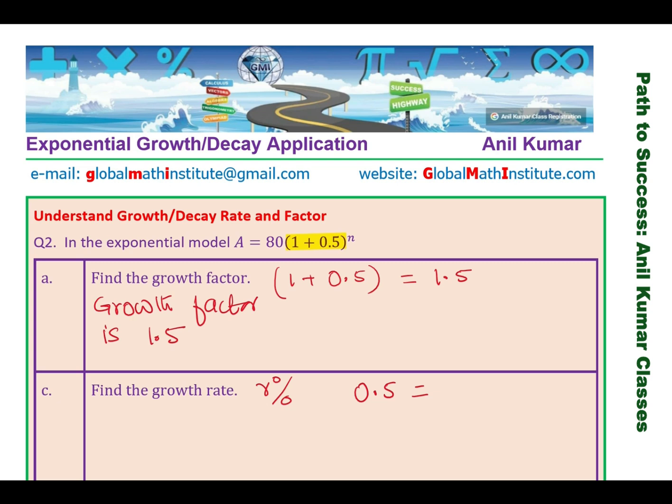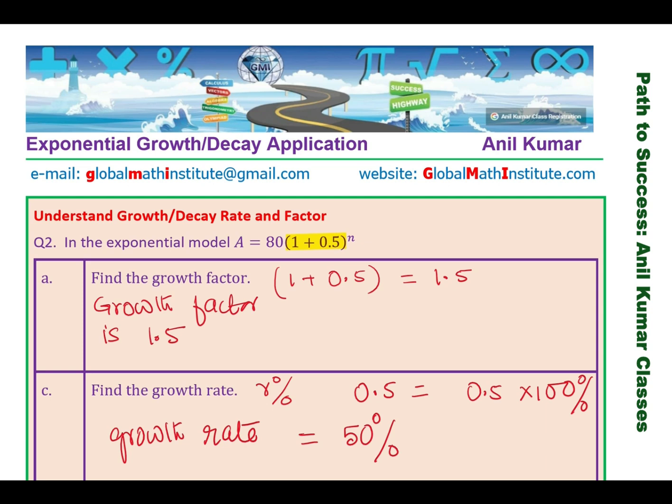Since converting to percent will mean 0.5 times 100, right? So this is equal to 50%. So the growth rate is 50%. I hope this is absolutely clear, right? So we have found that the growth rate in this particular case is 50%, correct?